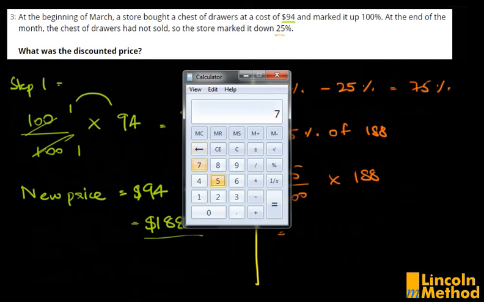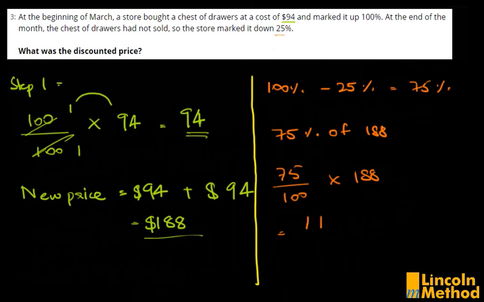Let's use a calculator to solve this. 75 multiplied by 188 equals 14,100, and we have this 100 in the denominator. So let's get rid of the zeros and we're left with 141, and let's add the dollar sign. This gives us our answer. So what was the discounted price? The discounted price was $141.